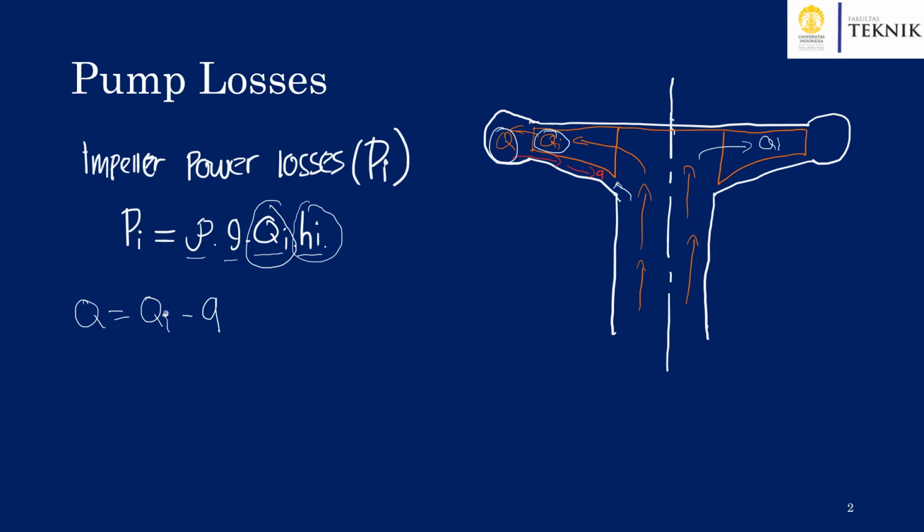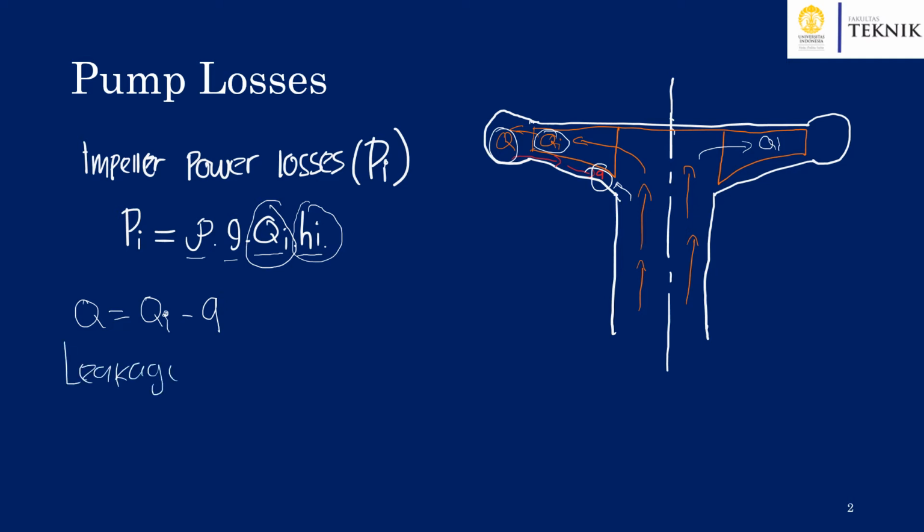So small q is the fluid being recirculated back to the impeller due to the casing here. This recirculation can also be associated with the leakage phenomenon inside the centrifugal pump.